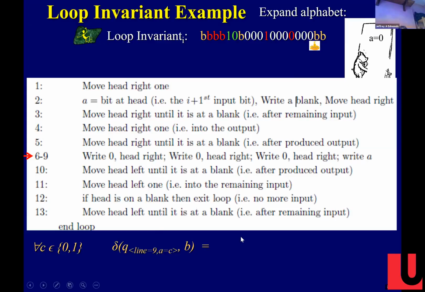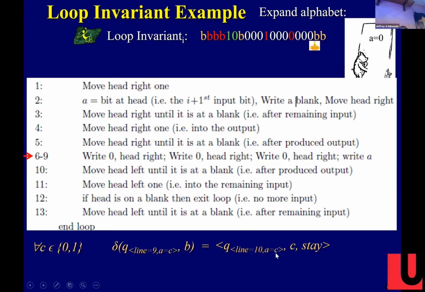Right? So here, I went over to line 10. And what value do I write on the tape? Whatever value I have stored here, right? If I'm in the state where I'm storing 0, then I write 0.